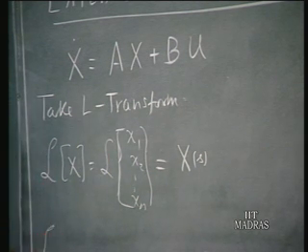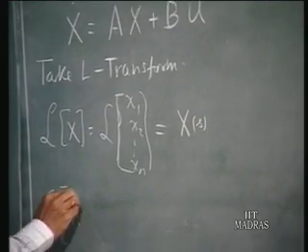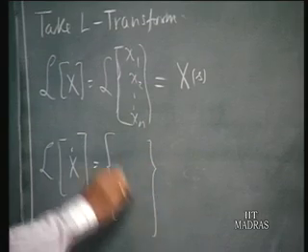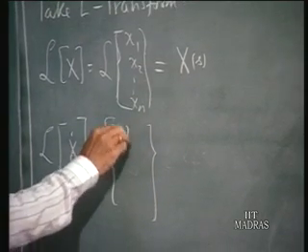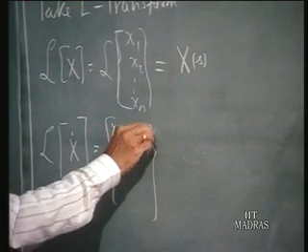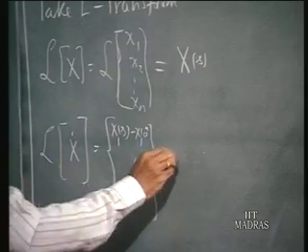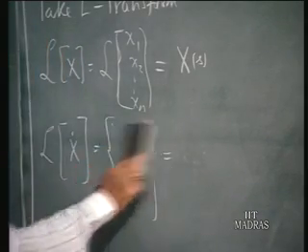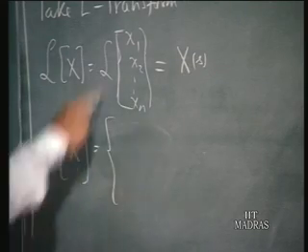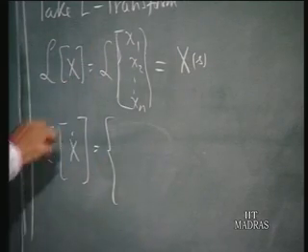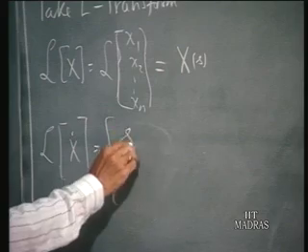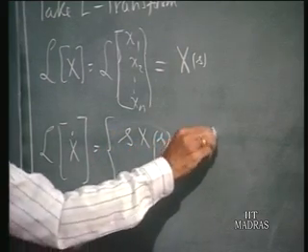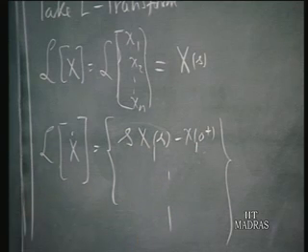Therefore the Laplace transform of x dot will be s X1(s) minus x1(0+), and like that it goes on.